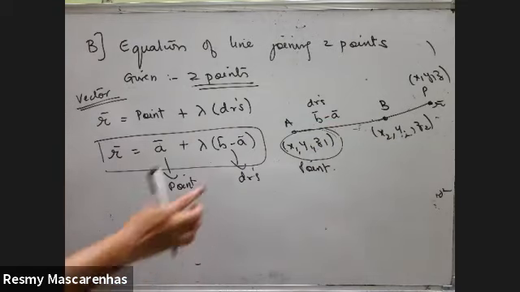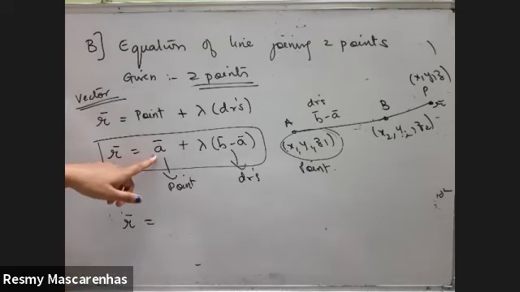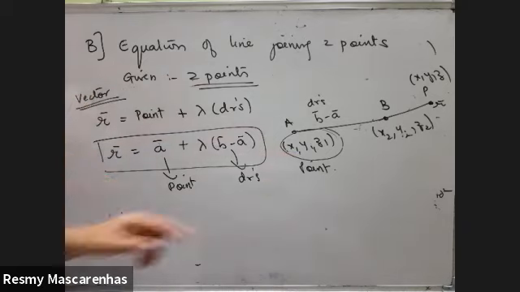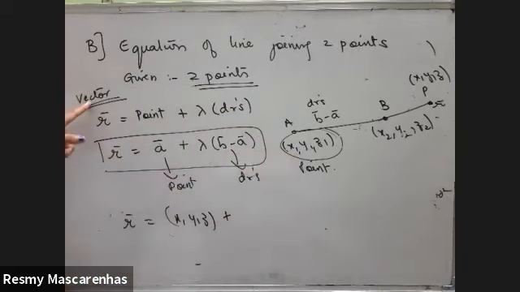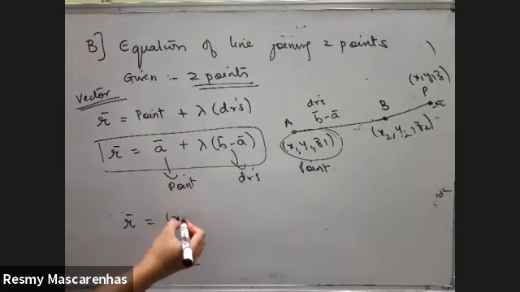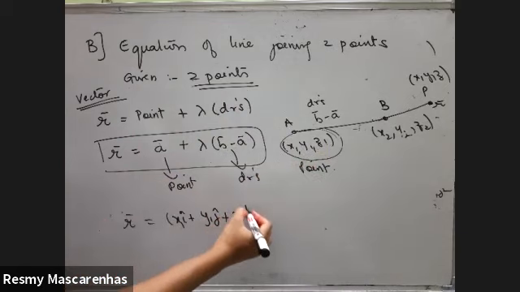And now we'll substitute and see, r bar point. But which form does it have to be? Definitely we are writing the vector equation of a line. So simply you cannot write x1, y1, z1 and keep it like this. So you have to write it in vector form because we are writing a vector equation. So just convert this into vector form by writing x1 i cap, y1 j cap and z1 k cap.